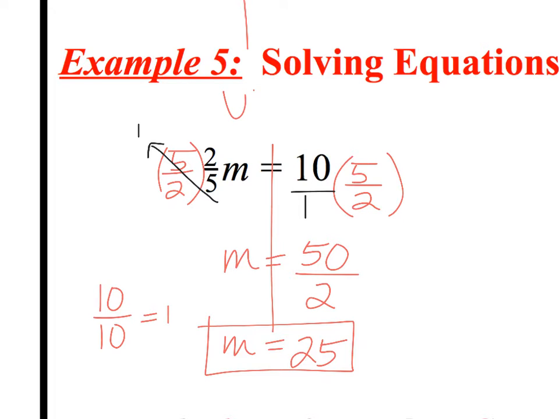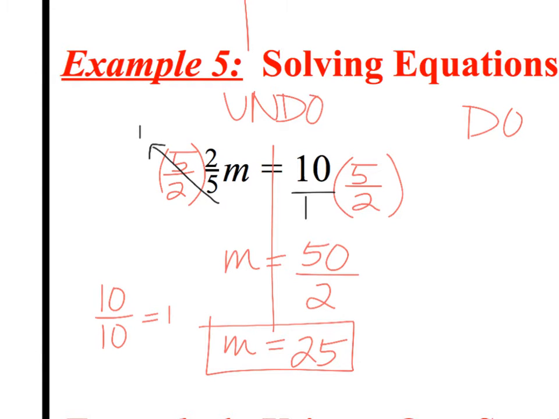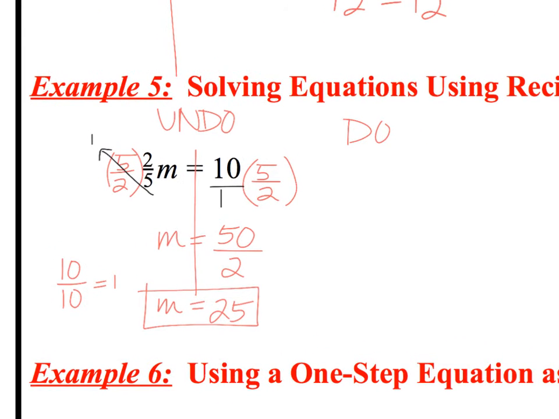That was undo. Now we will do. Check it, especially when you have fraction ones like this. So our answer, 2/5 times 25 should be equal to 10. Again, 25 is not a fraction.